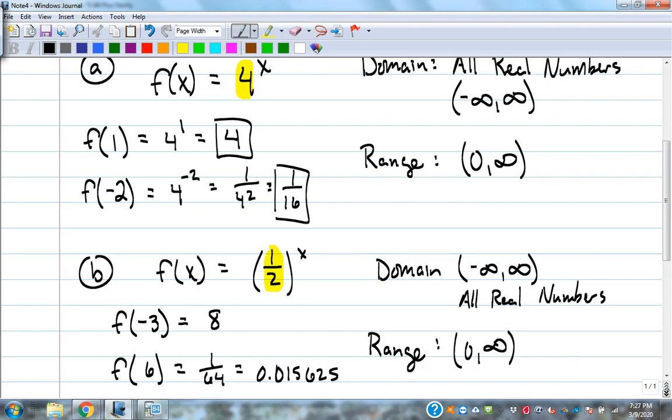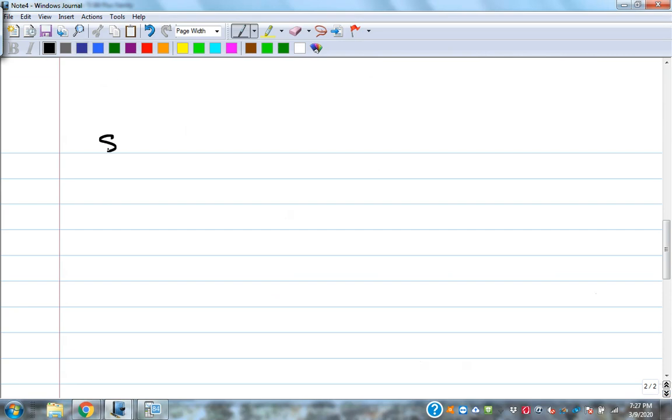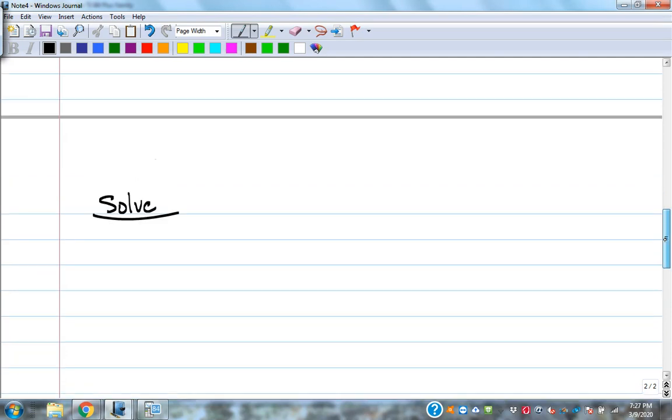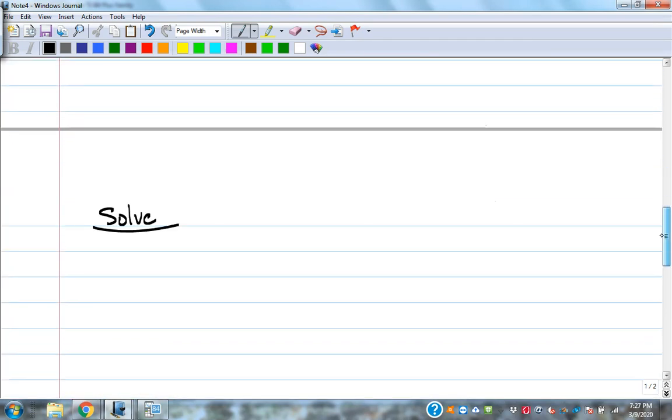Let's look at solving some exponential functions, or exponential equations. I like this stuff. This is fun to me. 5 to the x power is equal to 125. So we're solving some equations that have an x in the exponent.